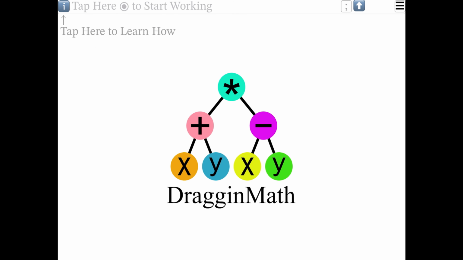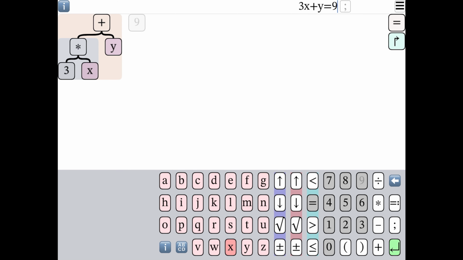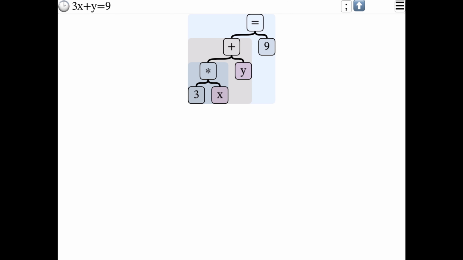Dragging onto equals is the way to solve equations in DragginMath. But there is one special case you need to know about. Usually, you'll drag an operand of an operator onto equals. We can do this with simple things like numbers and variables.